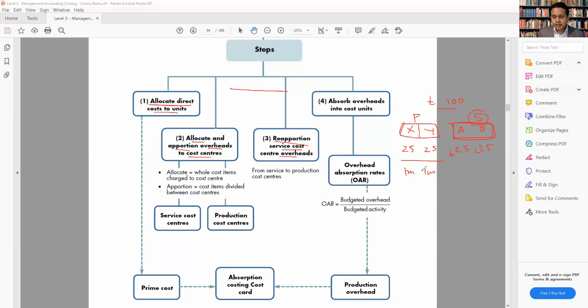So let's say by selling products X and Y, the profit is 100 pound. After deducting all the expenses for X and Y, the total profit is 100. But if you don't consider the service department cost, that is 25 plus 25, 50, so who is going to actually pay the rent for the store?